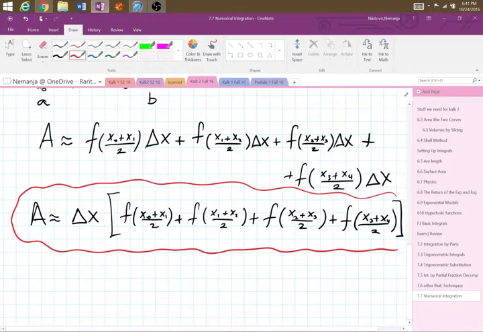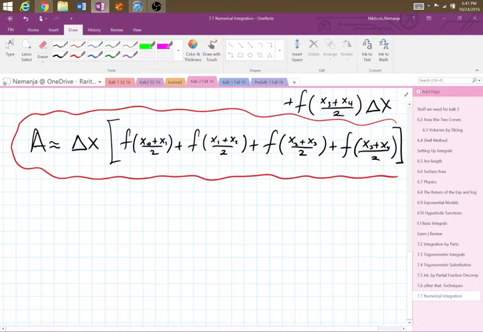Shall we do an example? Of course you want the example. You love examples. Let's do something awful. Integral of square root of x from 3 to 7 with n equals 4.